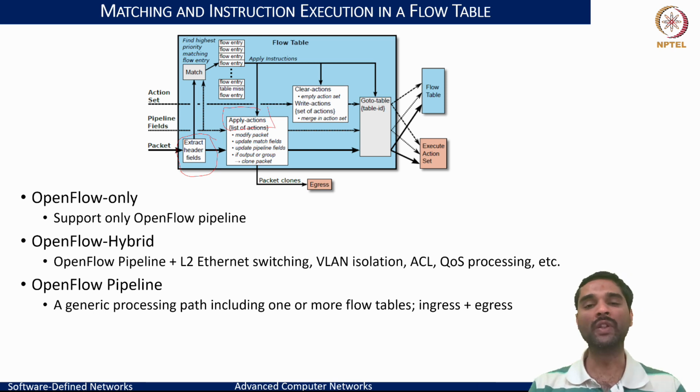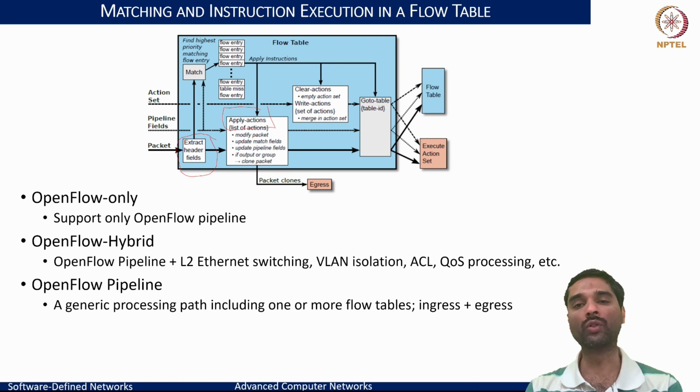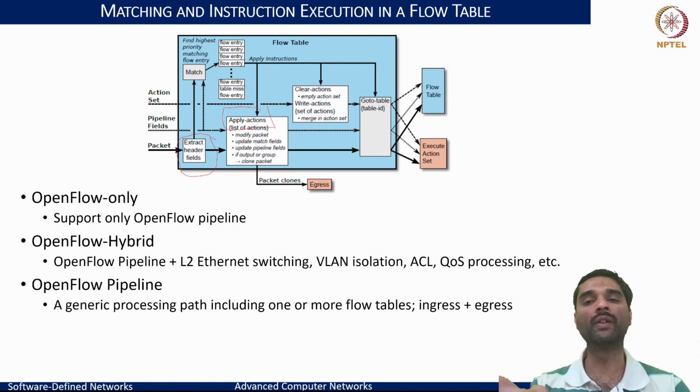And these could be like modify packet, update packet, or even drop the packet, and so on. And if there is also a set of actions that you would want to take later, like clear actions, if you want to empty the action set, that can be done through clear actions as an action type. And once you empty it, you would want to do some normal common processing with respect to some specific table.